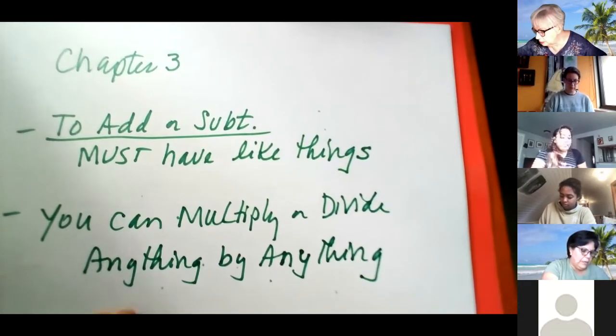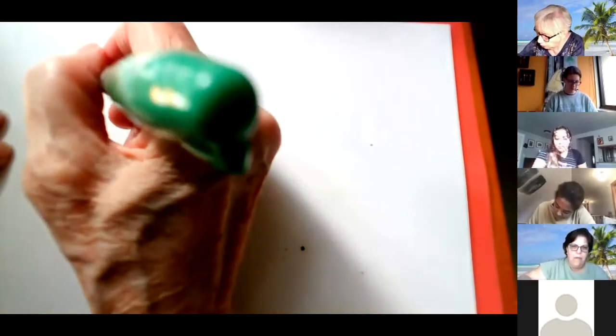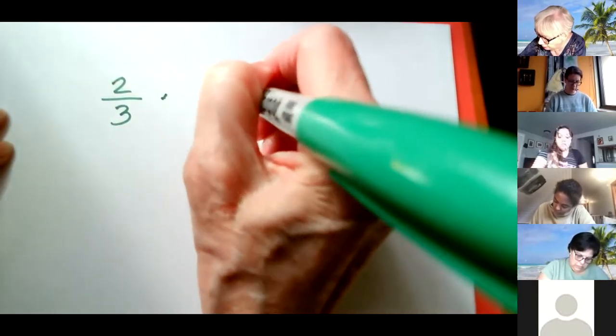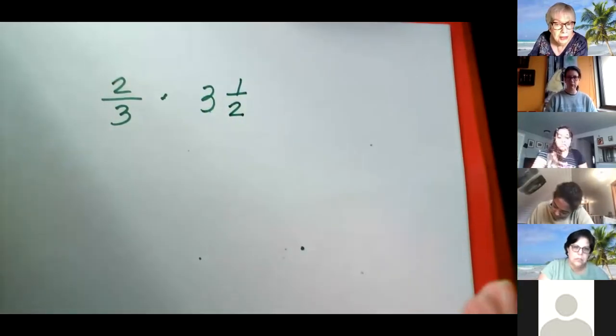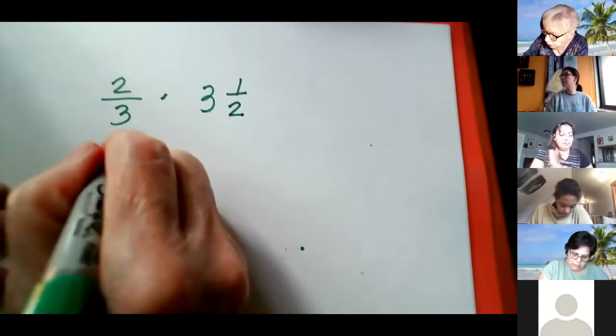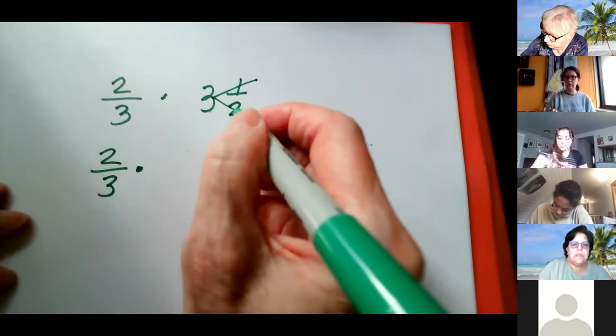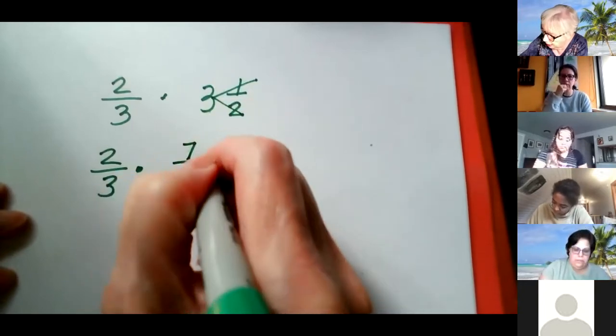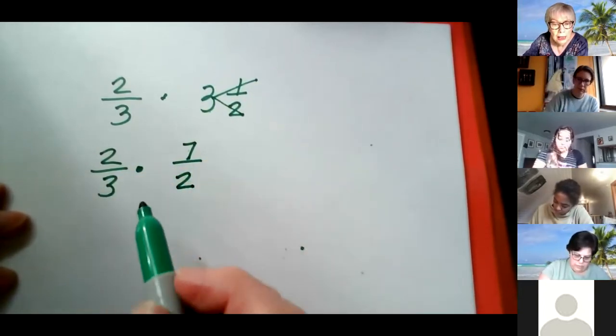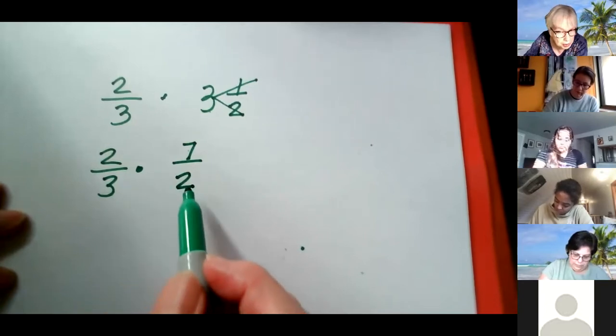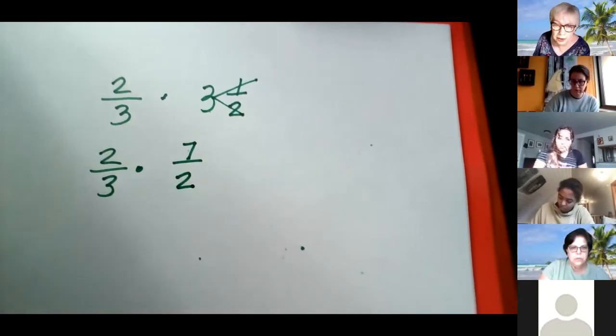Now, you may remember before we would multiply 2/3 times 3.5. There's nothing alike about this. So we said, here's 2/3 and here is 6 and 1 is 7/2. This is in thirds and this is in halves, and we're going to multiply.